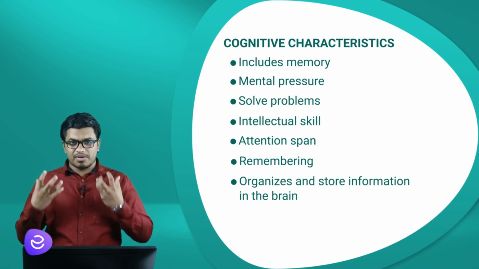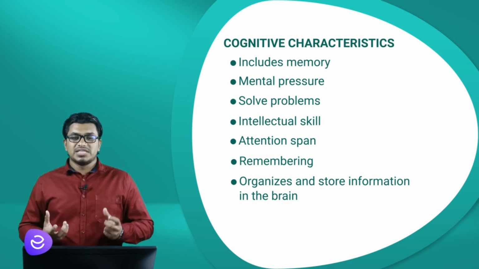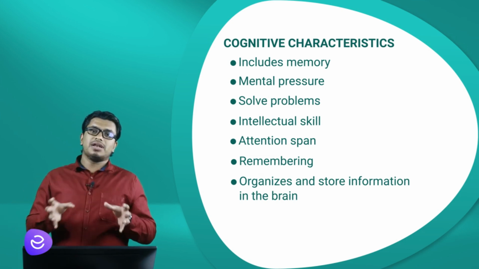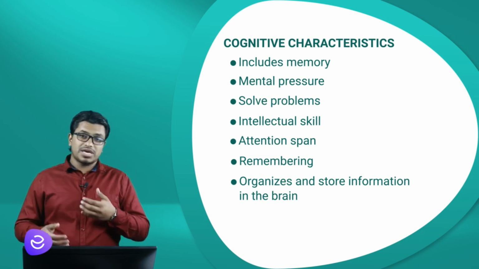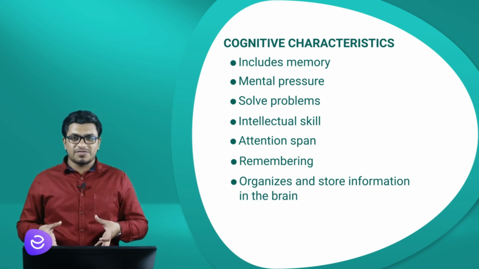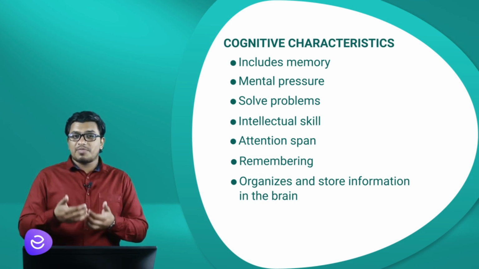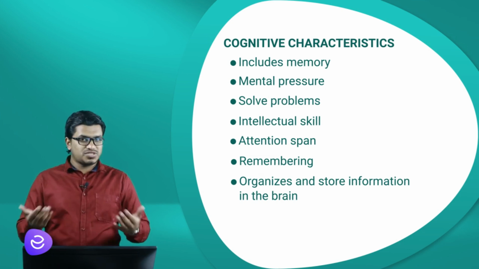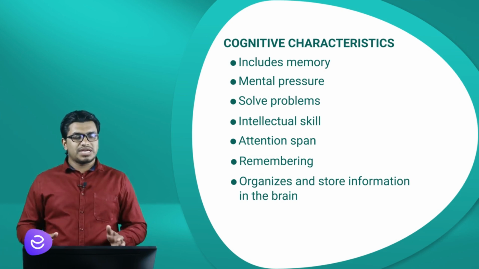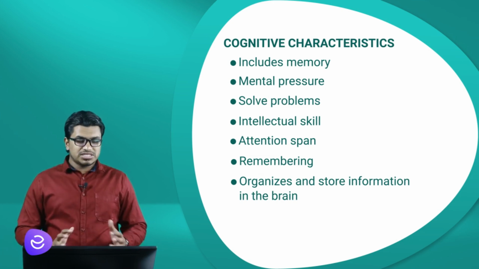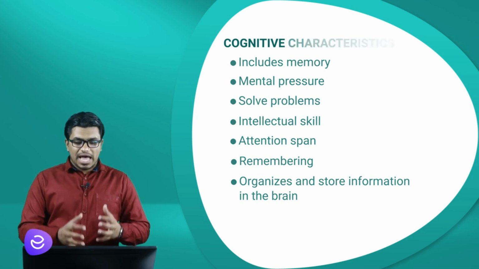The person can remember, memorize, handle mental pressure, organize information, and store information. If a person cannot do all this, the teacher has to consider them and take classes accordingly. So these are what learning is and the characteristics of a learner.